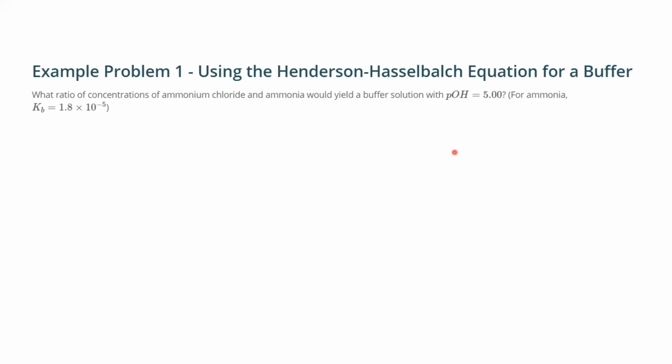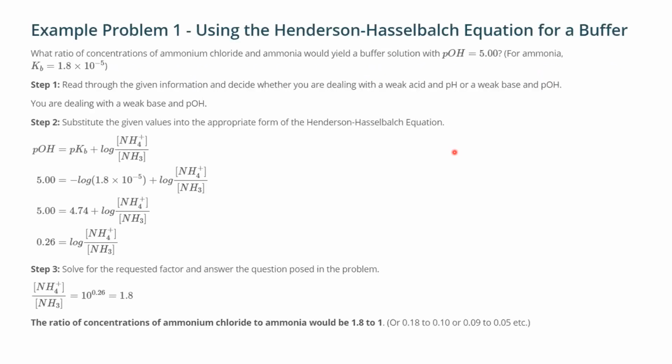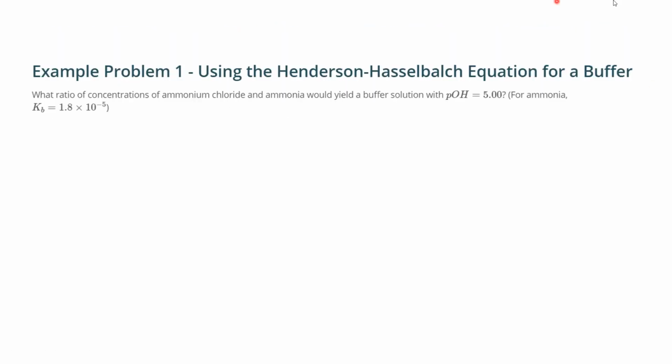So see if you can do the same thing. But in this case, for this one, we're actually looking at a base. So it's going to be a slightly different equation in this case. So if you think about it, we've got pOH here.